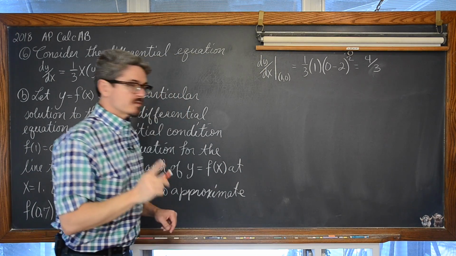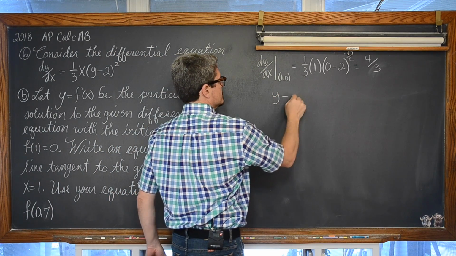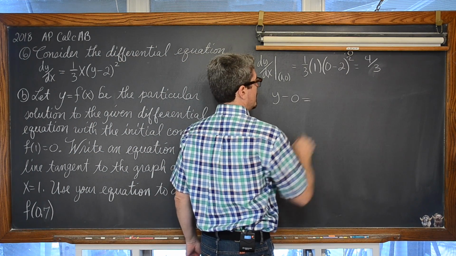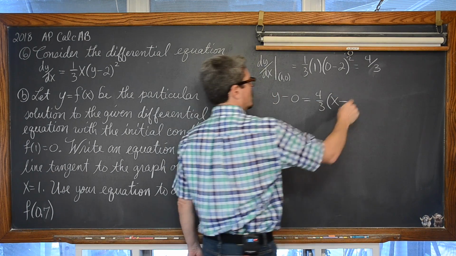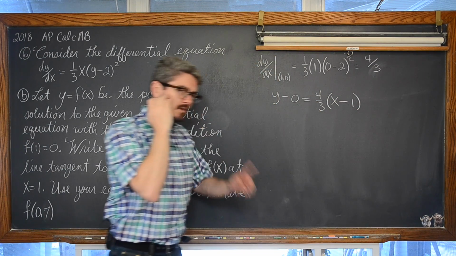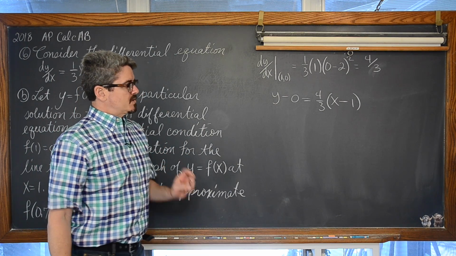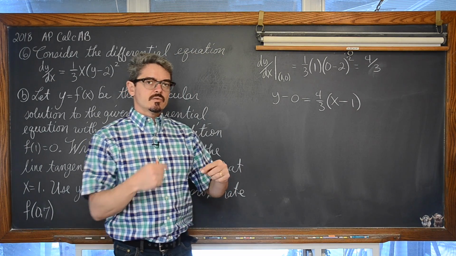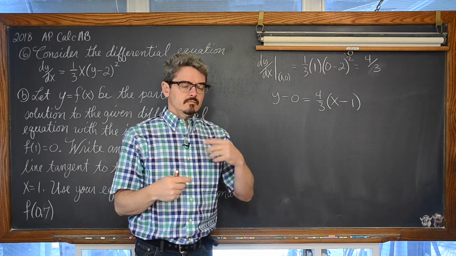So we have a slope of 4/3. So the equation of our tangent line in point-slope form is y minus y sub 1 is equal to m, 4/3, times x minus x sub 1. Please don't be too quick to put this equation of a tangent line into slope-intercept form, which is the form that's most commonly requested.